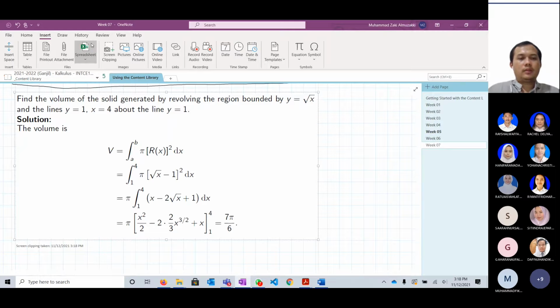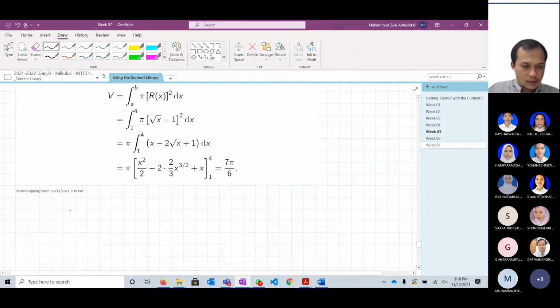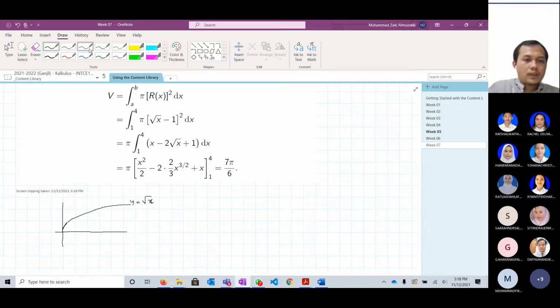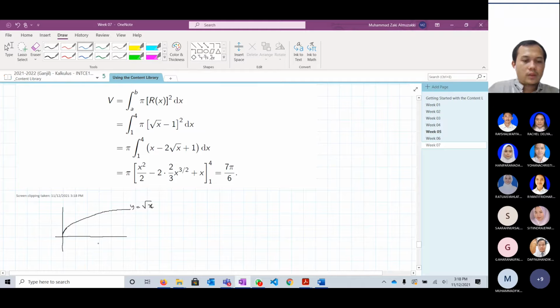So here what we have is, okay, say this is y equals square root of x, and then we have the line x equals 4.